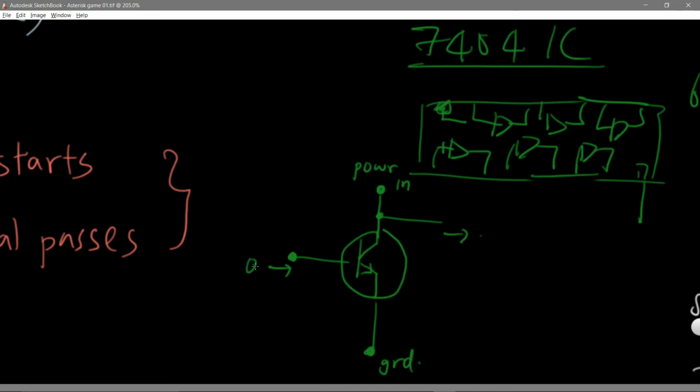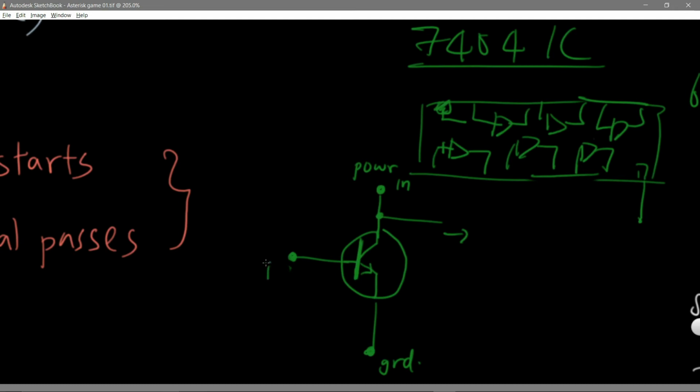When your input is logical 0, meaning the current and voltage here is low, when the base is low, there is almost no electricity going from the collector to the emitter, right? So all the current, all the voltage, will go to this output, and this output will have a high voltage. So it's interpreted as logic 1.